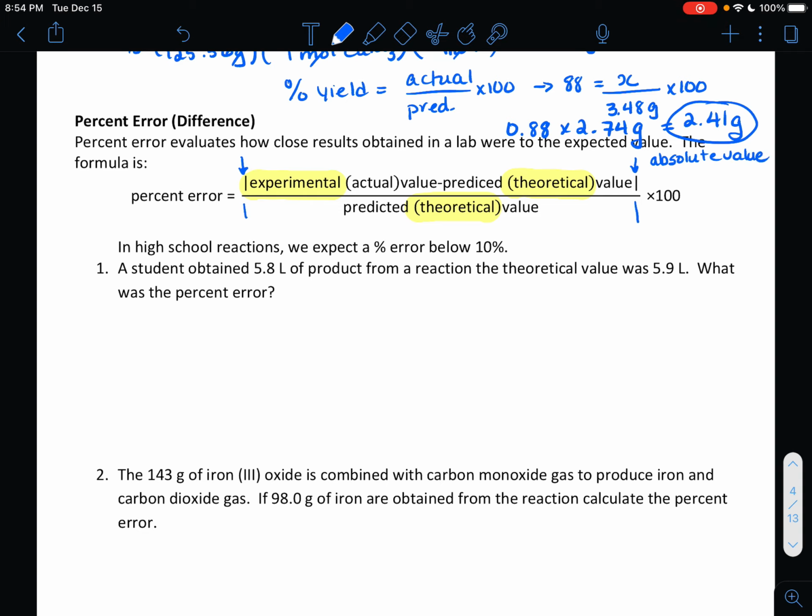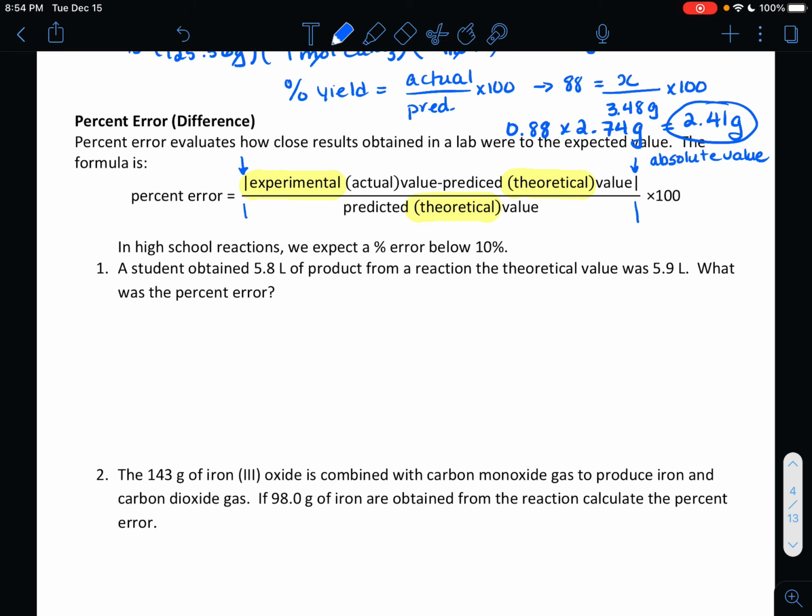If you haven't studied this in math yet, absolute value just looks at the number and not the sign, so this number is always going to be positive. Sometimes when you subtract these values, you're going to get a negative number, but you ignore that negative sign and report it as a positive number. So remember, percent error is always going to be a positive number. Those lines indicate that you're just looking at the number and not the sign.